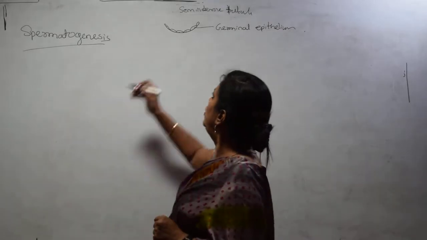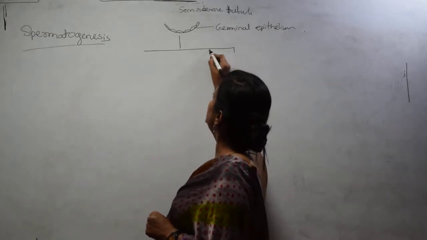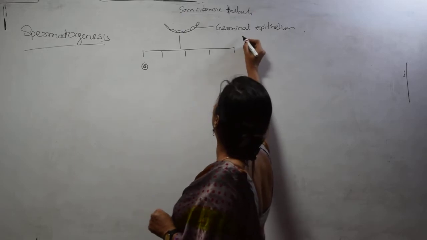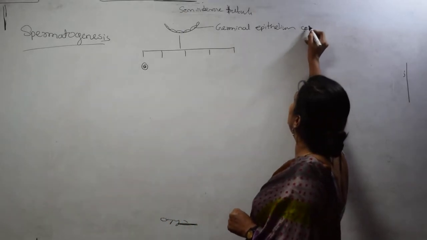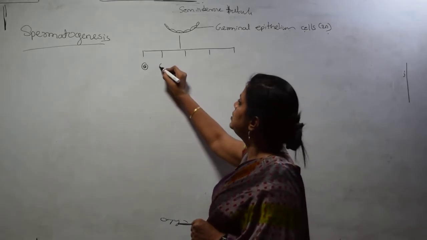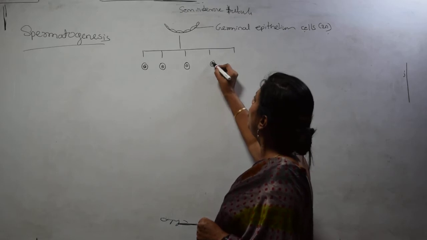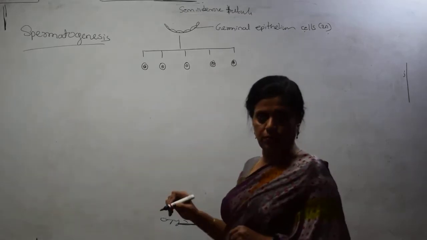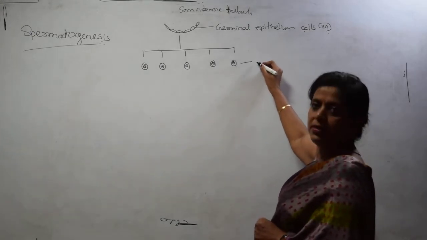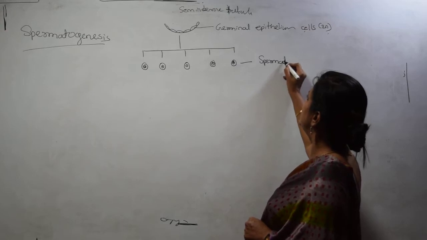Therefore, when they undergo cell division, a number of cells are formed, all diploid only, because the germinal epithelial cells are all diploid, they are 2n. What I am drawing now are the multiple cells formed on mitotic cell division. These are all diploid in nature and are called spermatogonial mother cells.